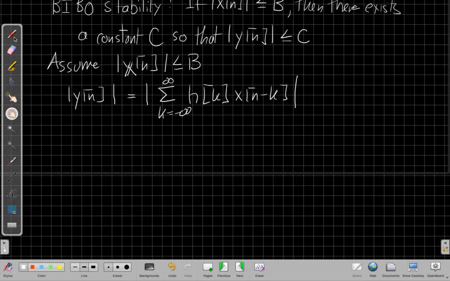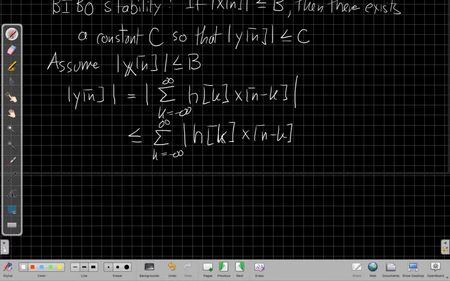For example, the magnitude of a sum is always less than or equal to the sum of the magnitudes. So this has to be less than or equal to the sum as k goes from minus infinity to plus infinity of the magnitude of the argument. So I've got h of k, x of n minus k inside the magnitude.